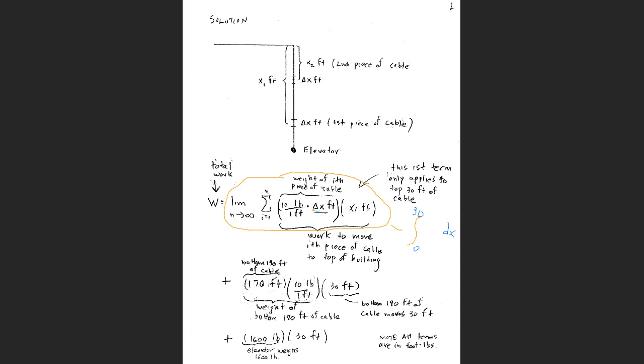So we've accounted for delta x. The units are in foot-pounds. What's left here? 10 and xi. That's going to become 10x when you take the limit of that Riemann sum. And so here we go.